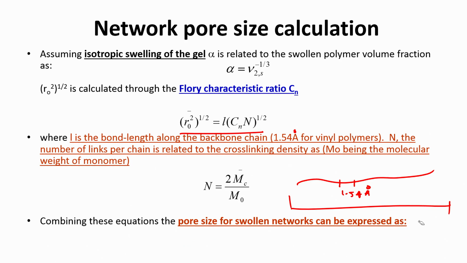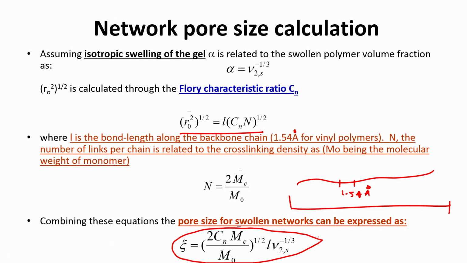If I combine these two equations, the pore size of the solid network can be expressed in terms of some other quantities. All I am doing is combining the previous equations, and what I get is a value for the pore size, and that is how I can find the pore size of my hydrogel.